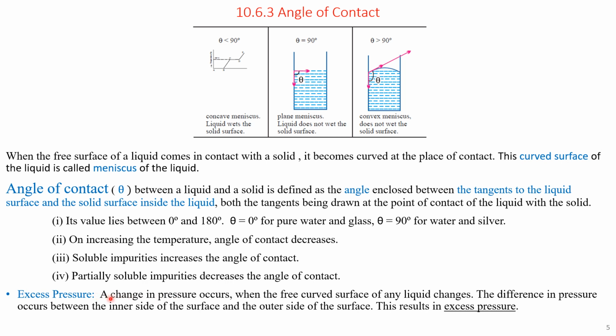A change in pressure occurs when the free curved surface of any liquid changes. The difference in pressure occurs between the inner side of the surface and the outer side of the surface. This results in excess pressure. We will further explain excess pressure in our next slide.